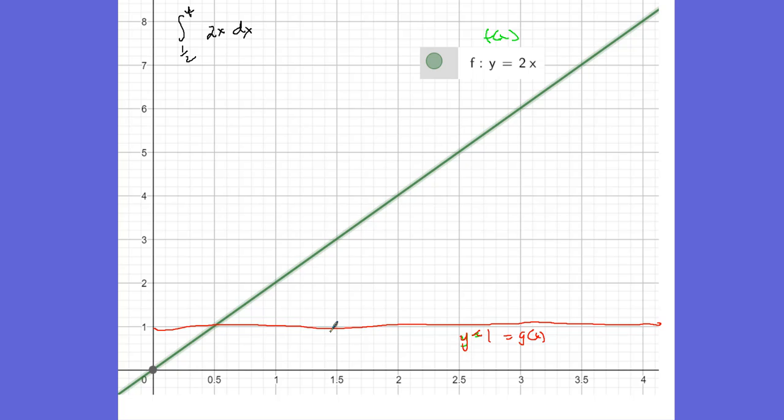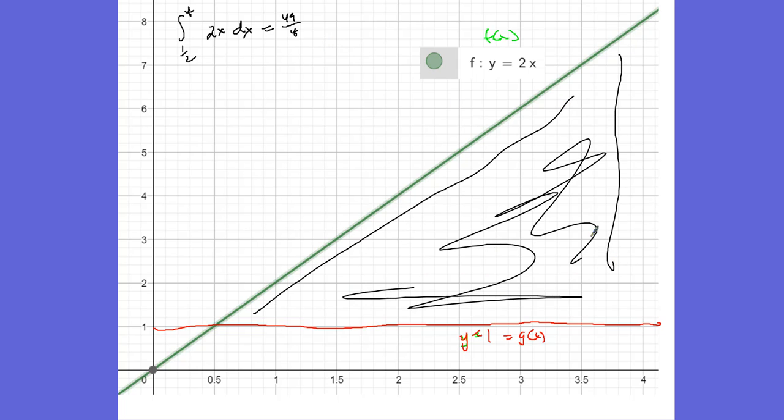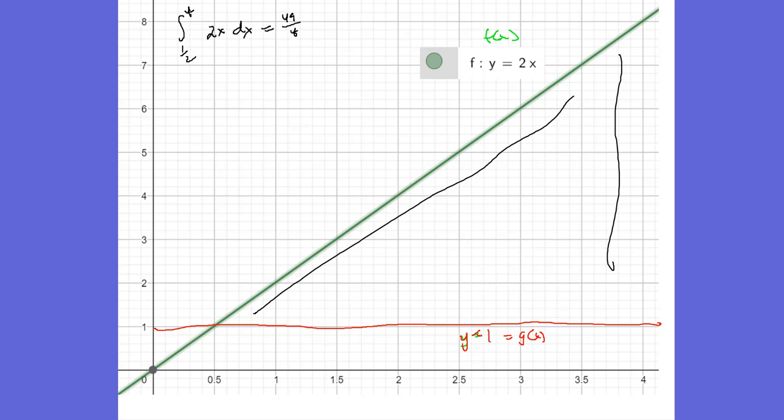So my base is 3.5 times my height, which goes from 1 to 8. That's 7 divided by 2. And that gives me 49 over 4 as the area from here to here, all this area in between. And so that is my area there.